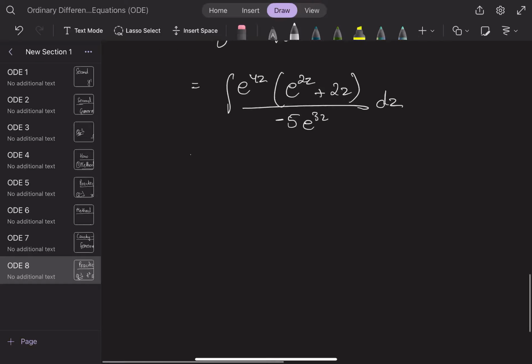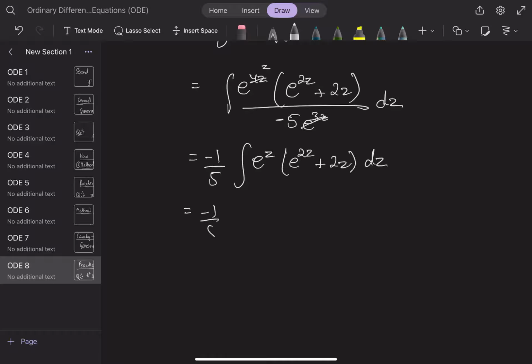So I'm going to take out the minus 1 by 5. Integral, let's cancel this 3z and here we're remaining with e raised to 2z plus 2z e raised to z dz.